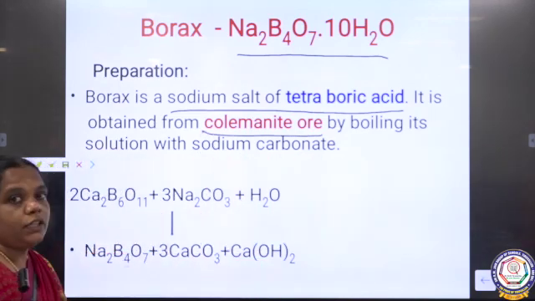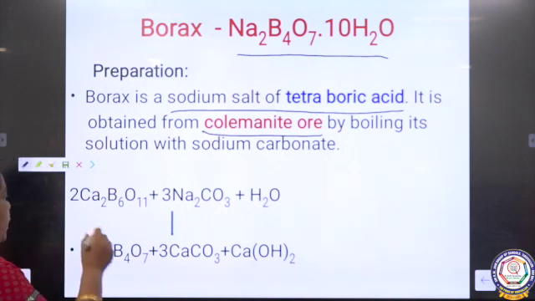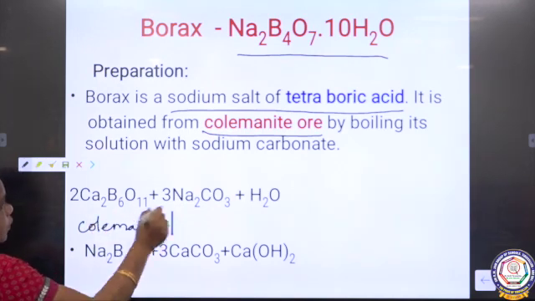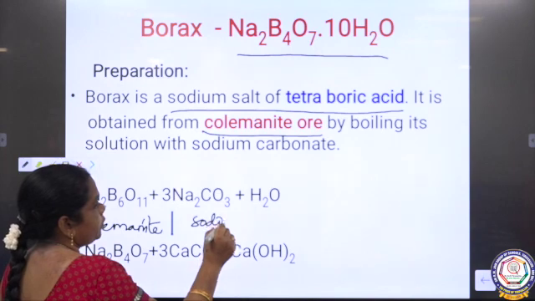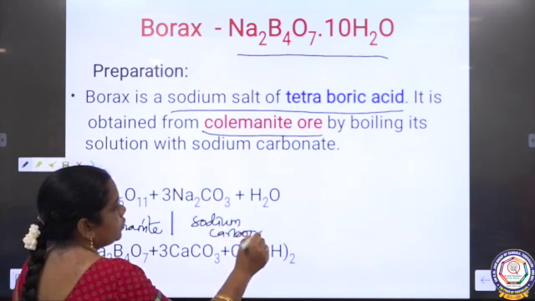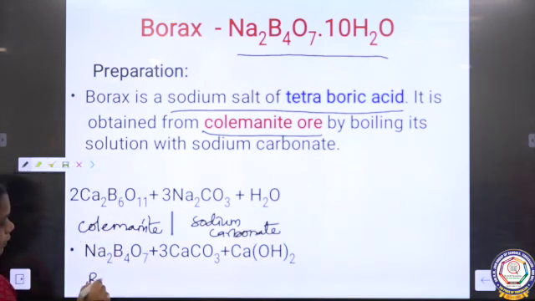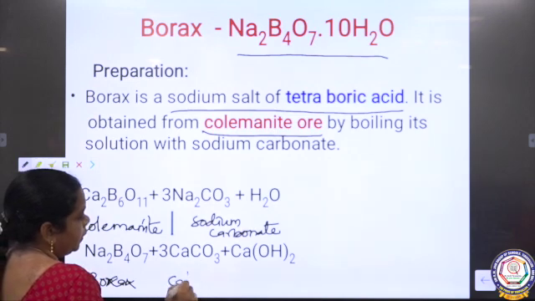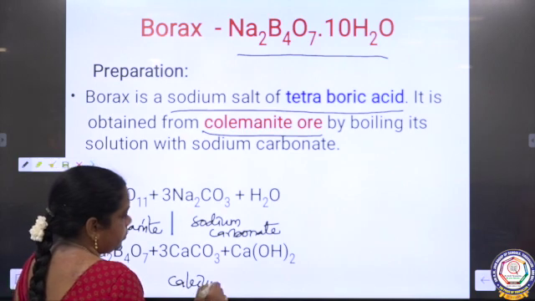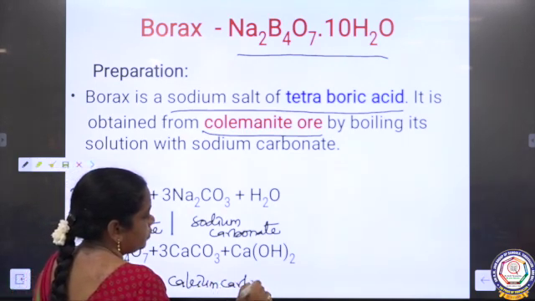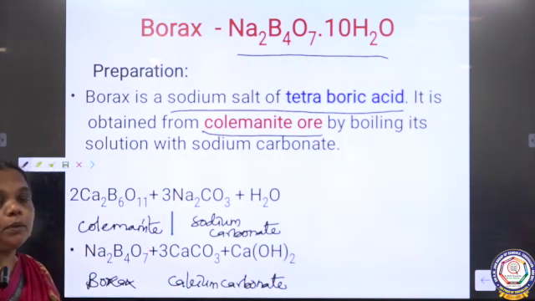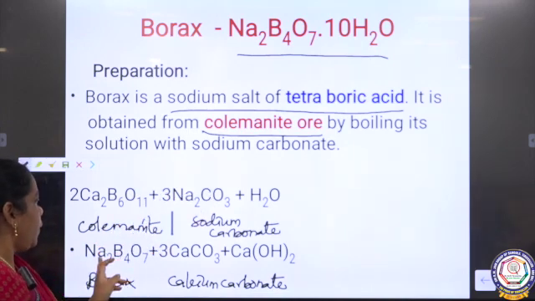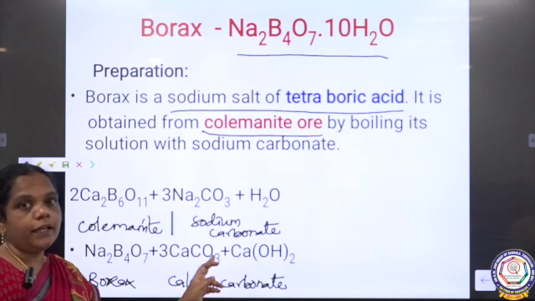By boiling this ore with sodium carbonate, you are going to get borax, along with calcium carbonate and calcium hydroxide. One of the preparations of borax is from colemanite ore.